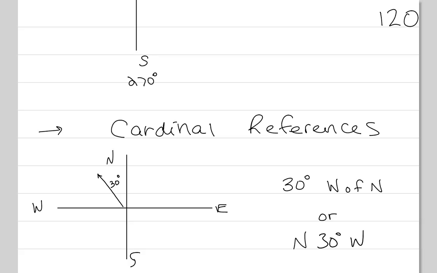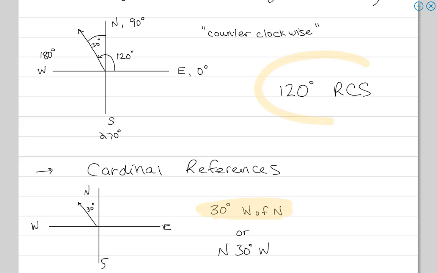Too much choice. But if you were to nail it down, I would go with cardinal references, and I would go with this version of it. I prefer this. I don't know what you prefer. In mathematics, you use the RCS.